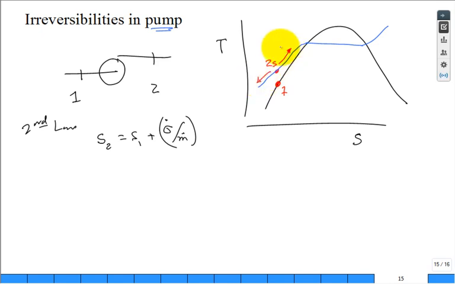Answer A or answer B? Clicker question. We're going from 1 to 2. We used to go straight up. Should we now go not straight up, but maybe straight up and kinked over a little bit to the right? If you think that's correct, answer A. If you think it's straight up but kinked over to the left, answer B. Where is state 2 actual?